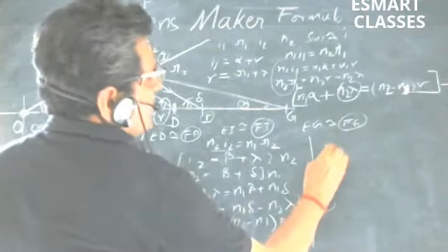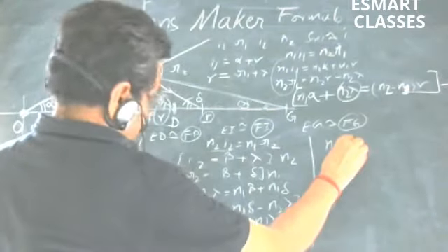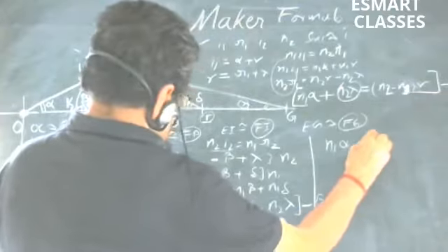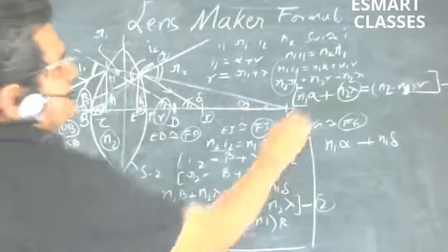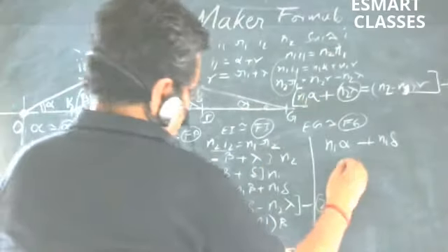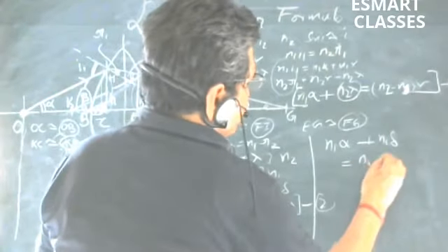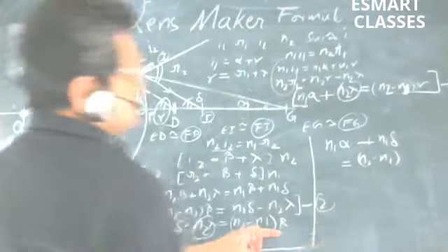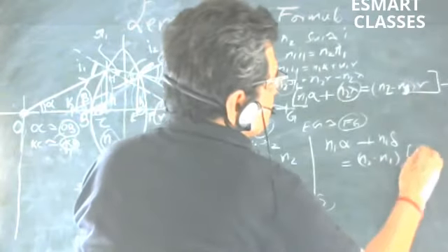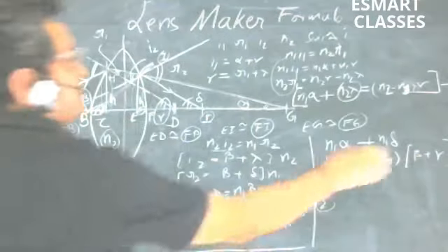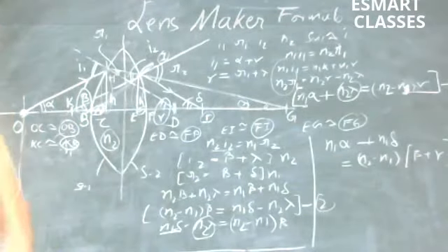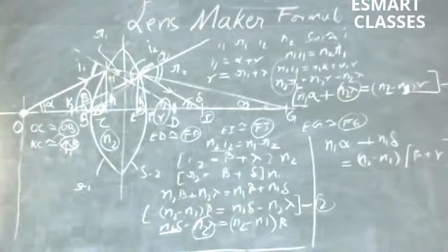It becomes N1 alpha plus N1 delta is equal to N2 minus N1 into beta plus gamma. You should get this relationship. If you don't get this relationship, then we will not get the correct relationship for the Lensmaker formula also.